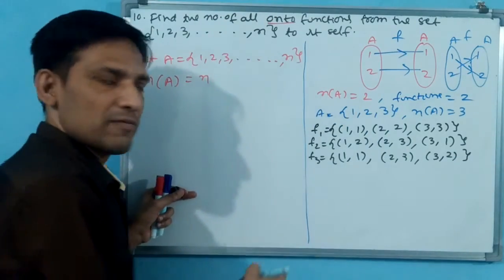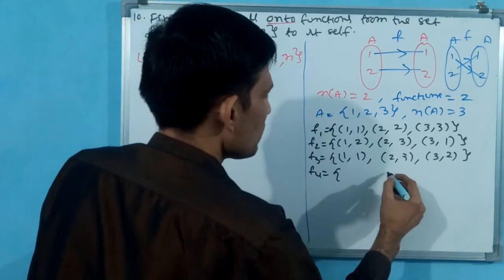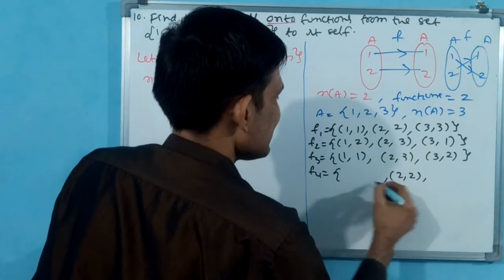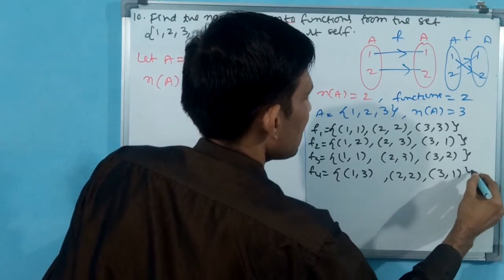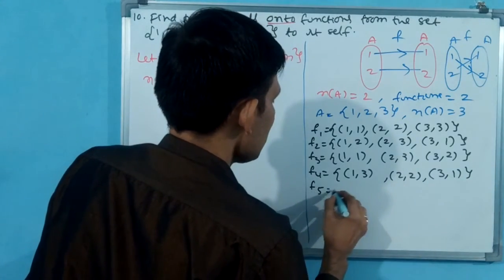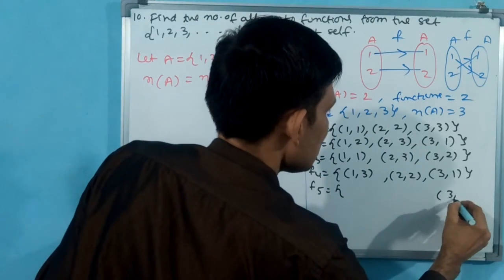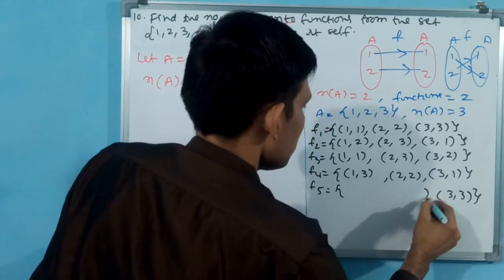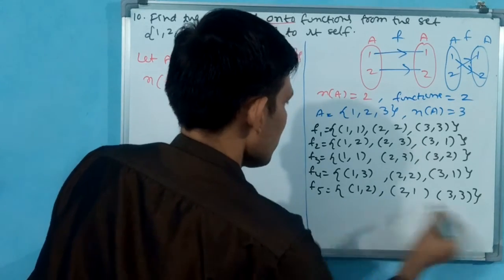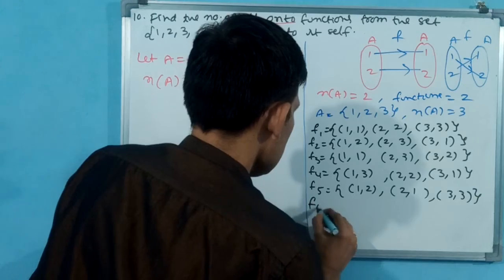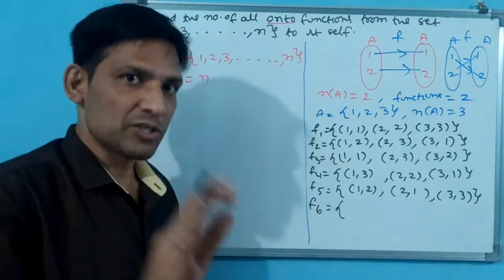This is another function, the third function. Okay. Now F4. Now rather than 1, I will make 2. But here 1 to 3, here 3 to 1. Okay. Then you make F5. 1, 2, 3 you make now. 3, 3. But here 2, 1, 2. Okay. F6. Now you see 5 possibilities are over, the last possibility is there.